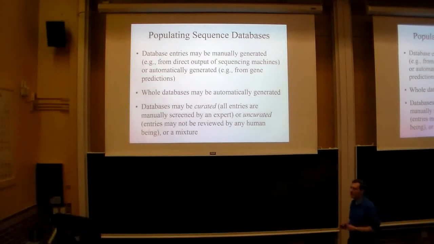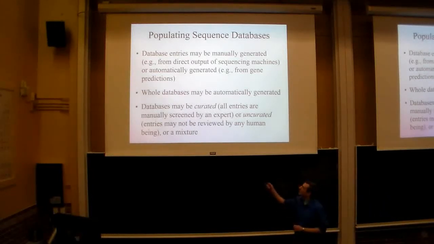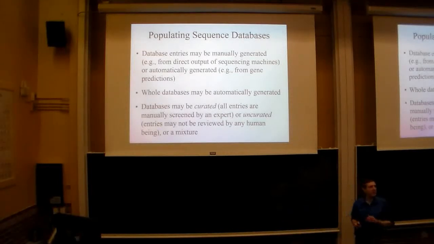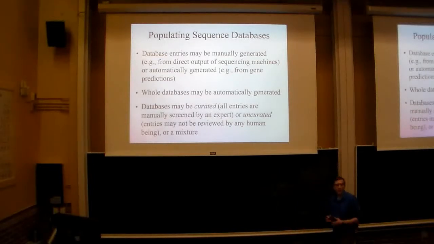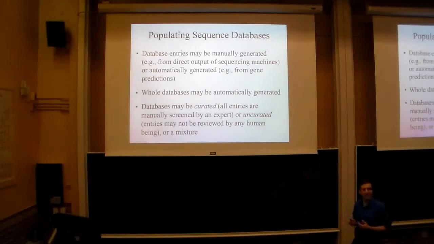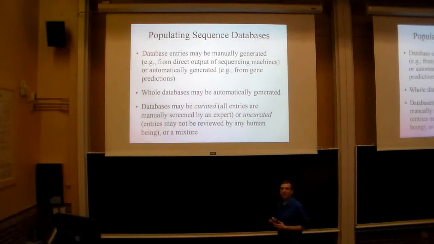It's also often important to pay attention to whether a database is curated or uncurated. So curated means that human experts have gone through, looked at the entries, checked that they're correct, often added other information. Sometimes there are specialized data sets we'll see where every entry has been human curated to try to produce a nice reference set of sequences we can rely on, but that takes time, it takes effort, so a lot of the data that's out there will be uncurated, just directly deposited in a database, maybe put through some automatic checks, but not really verified.